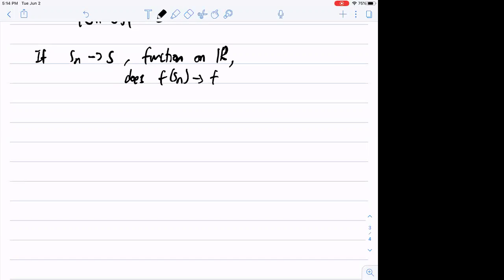So have you ever wondered, if I gave you a sequence Sn converging to S, and a function f on R, you can ask, does f of Sn converge? And if so, what does it converge to?